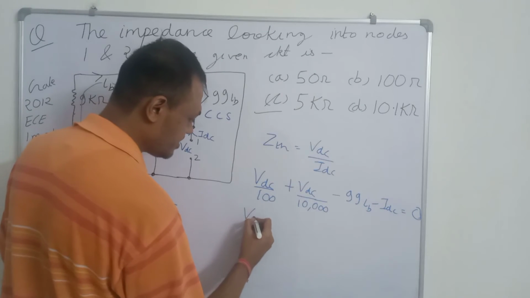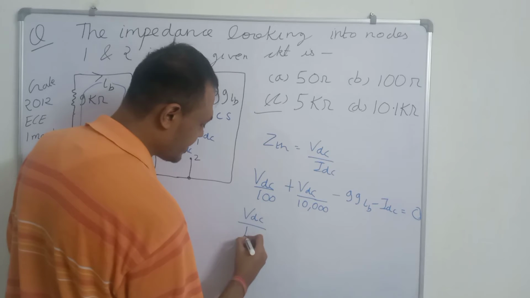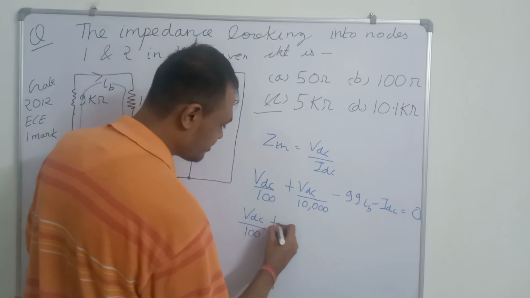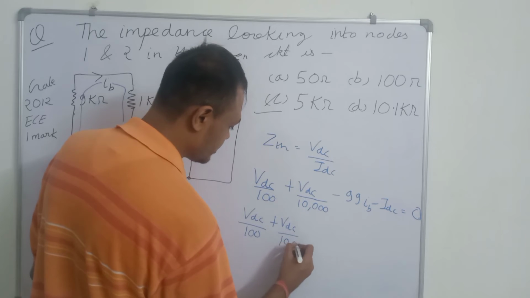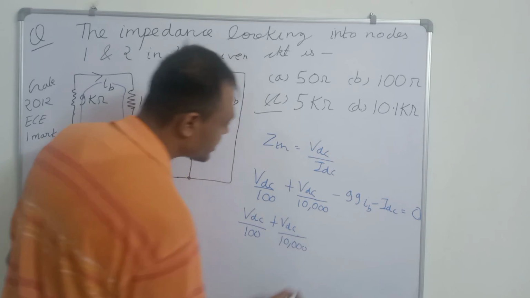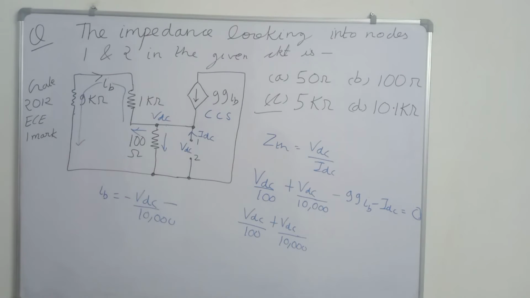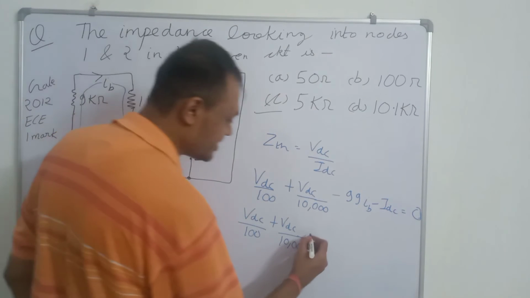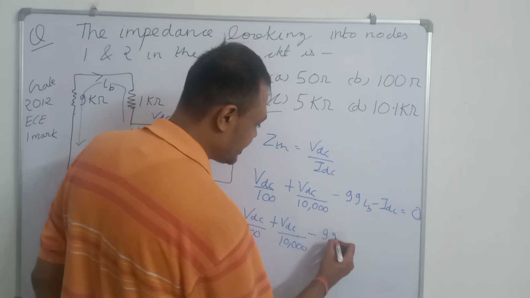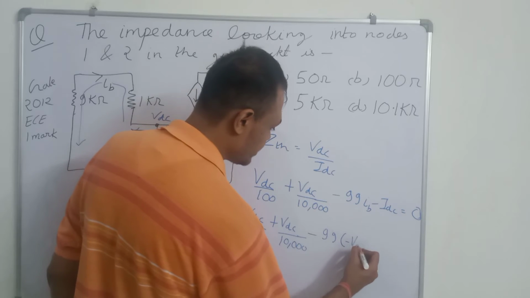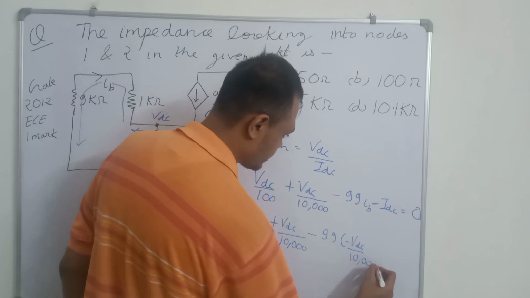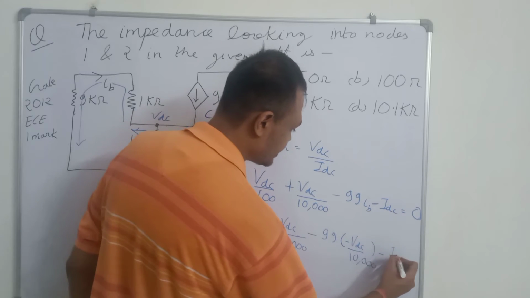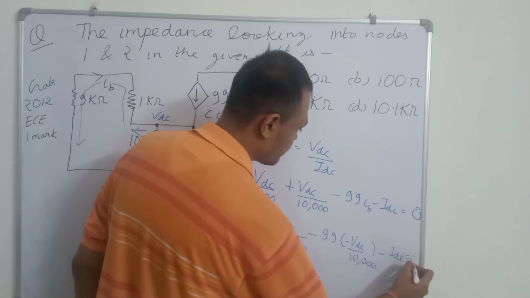So VDC upon 100 plus VDC upon 10,000, minus 99 into minus VDC upon 10,000, minus IDC equal to 0.